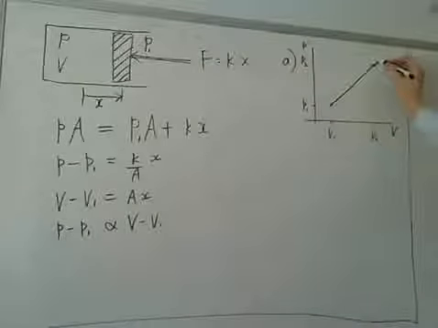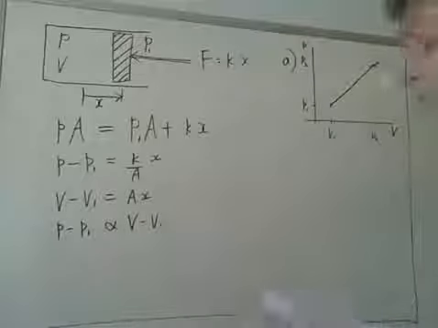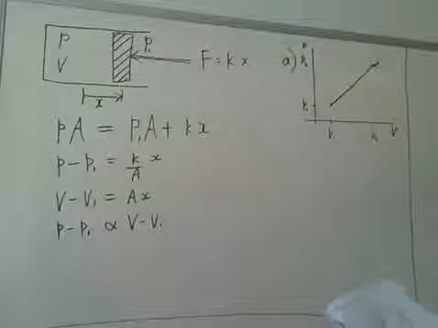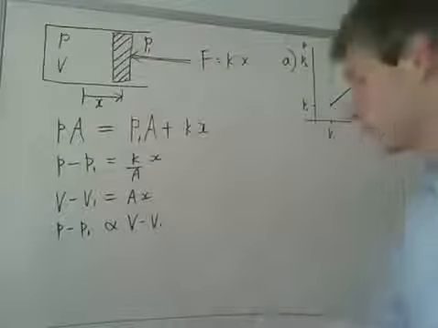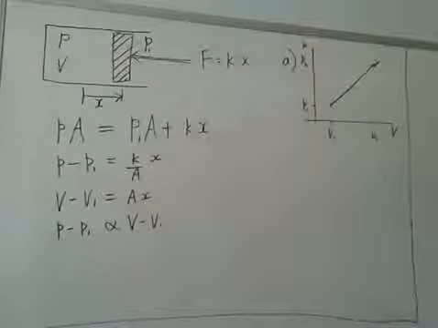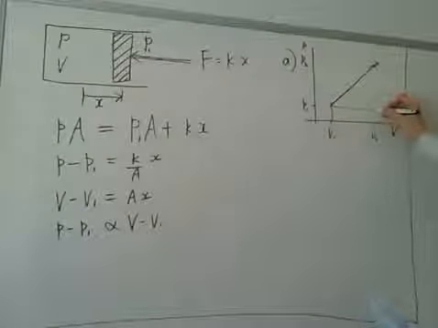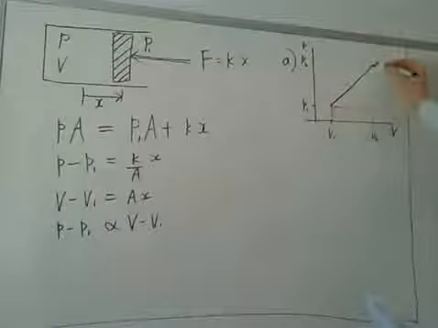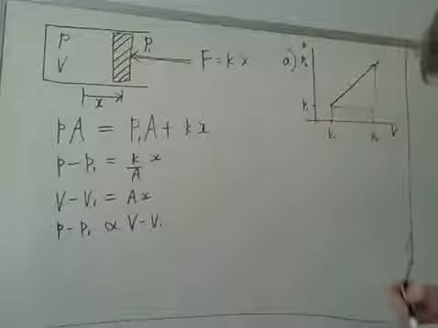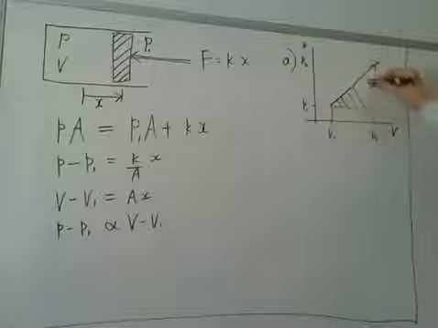This is the reversible path that the thermodynamic state follows, and the work done is the area under this curve. So what we have are two parts of the curve. There's this area down here, which is a rectangle, and this area here, which is a triangle.